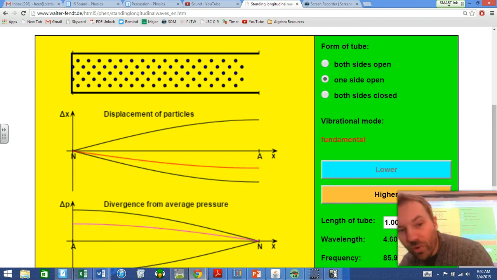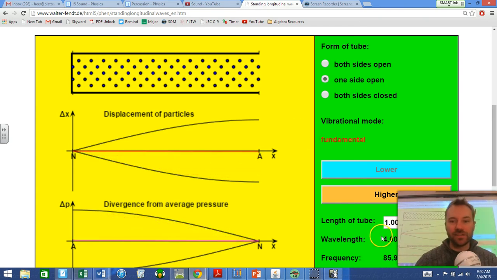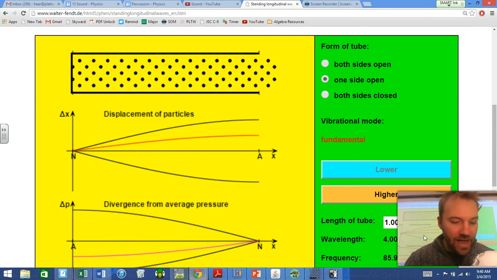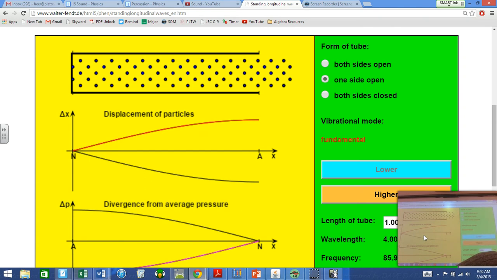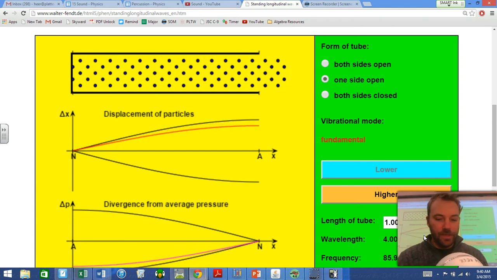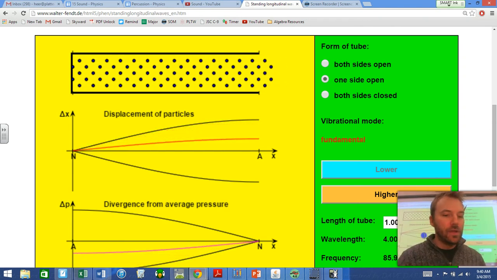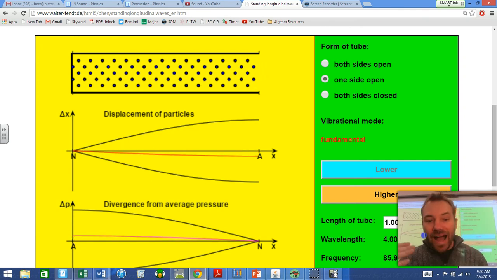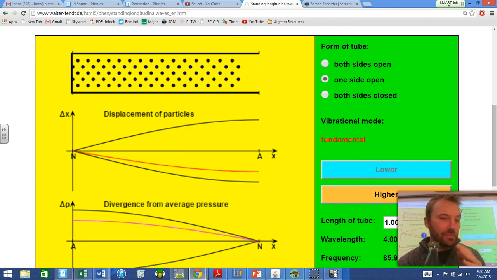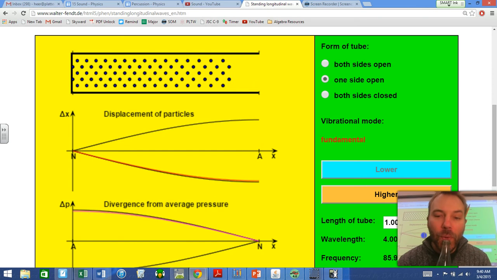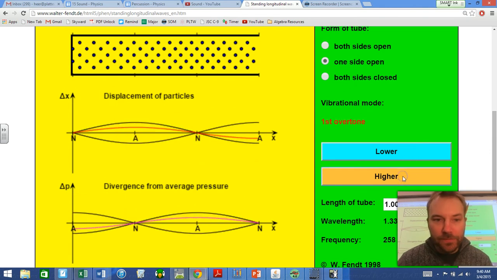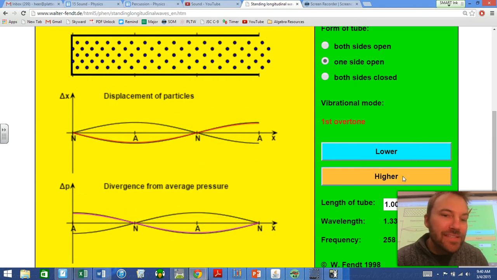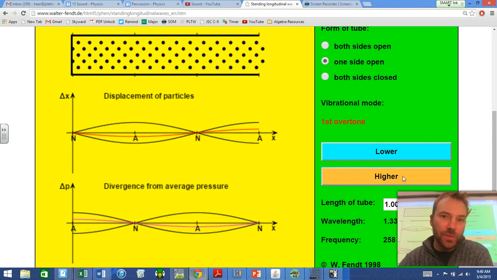Now, there's more than just this. Check this out, I can actually go one more higher. With my soda bottle here, I can play more than one note on this if I blow a little bit harder. There is more than one frequency that can resonate inside these tubes.